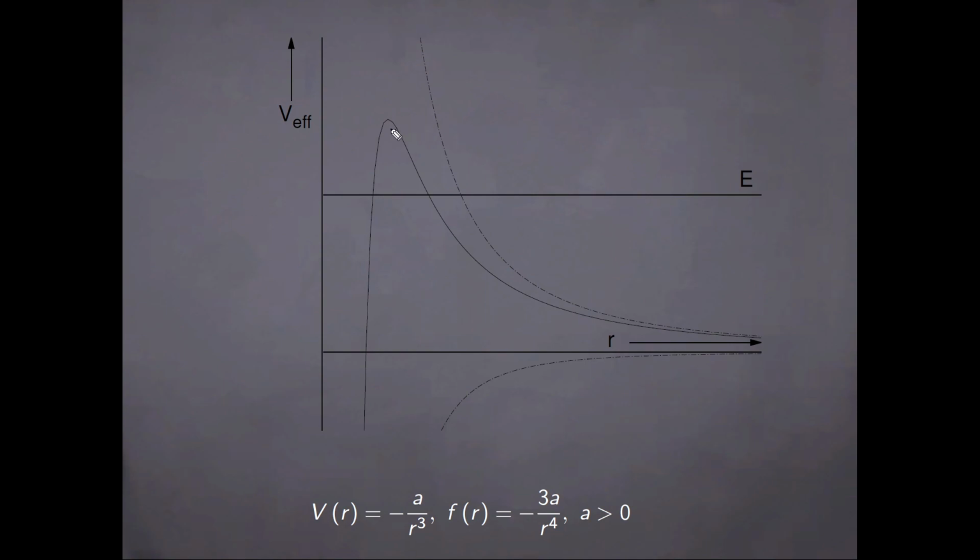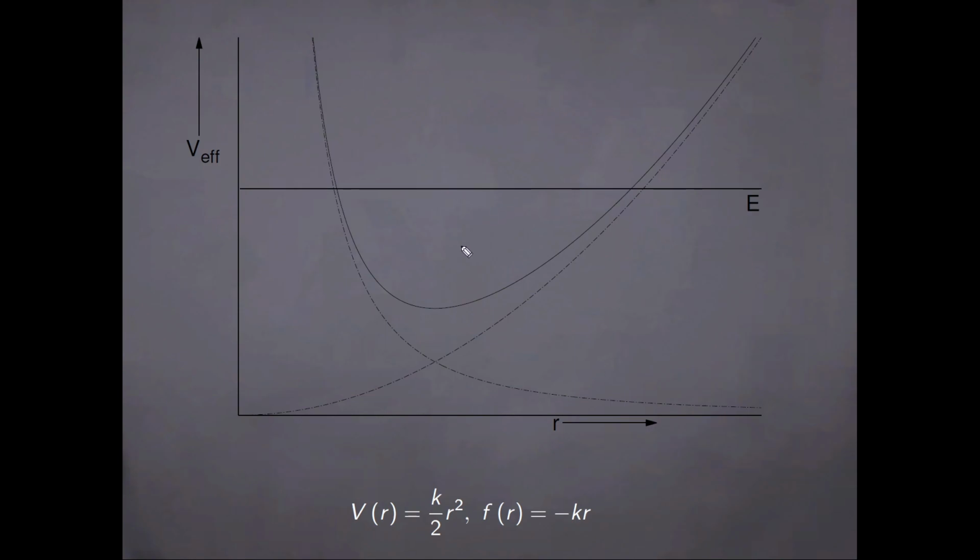Furthermore, circular motion is possible in this field if we are located precisely at the top of the barrier, but it is clear in this case that we speak of an unstable orbit. So a very small oscillation around this maximum value will result in the particle either being ejected to infinity or collapsing on the center of force.